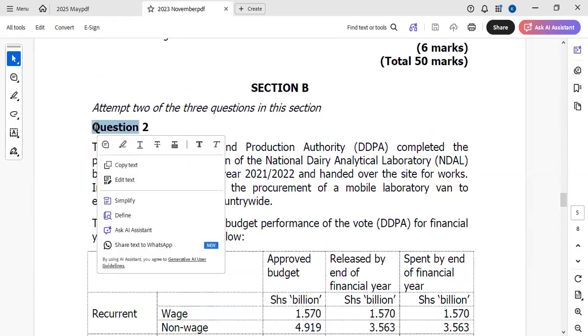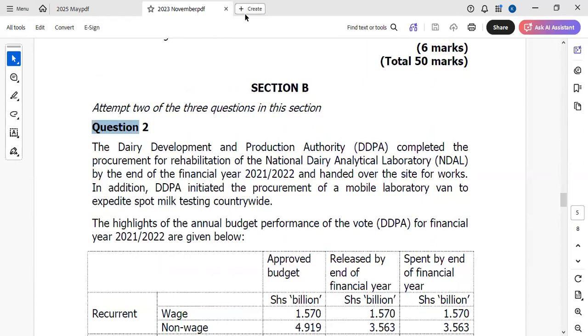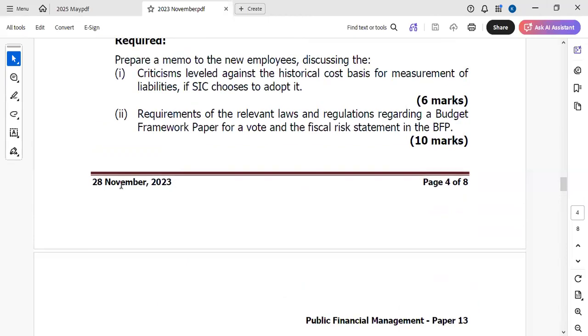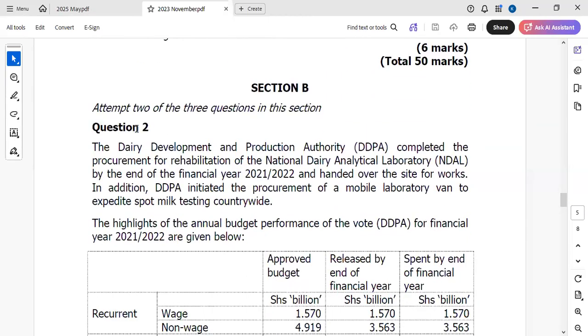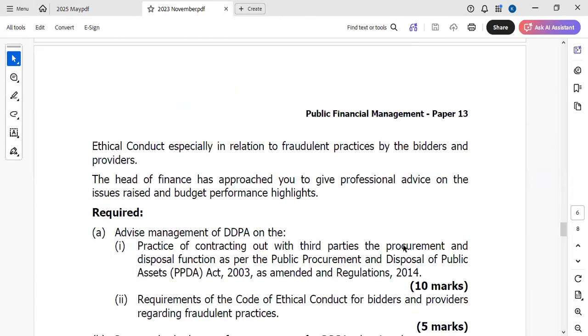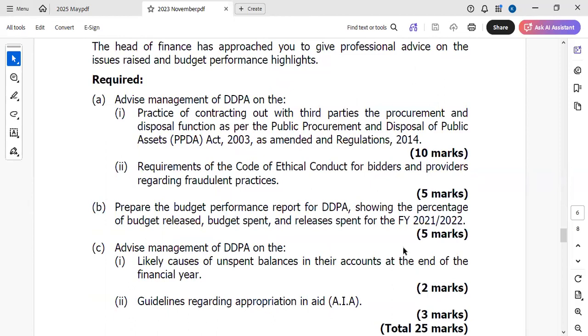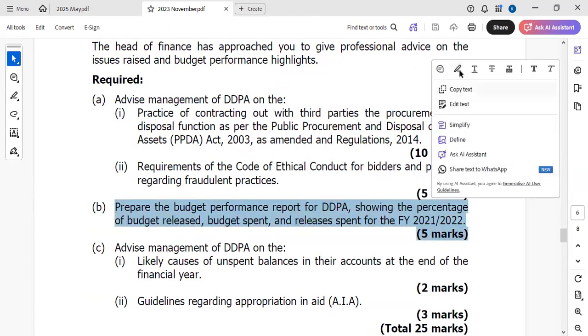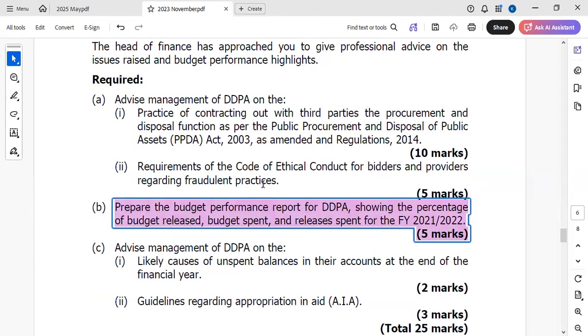Let me open that, it is 2023. Question November 2023, Question 2. Even though it was not carrying too many marks, the computation was only 5 marks.